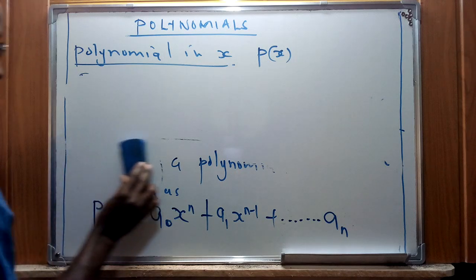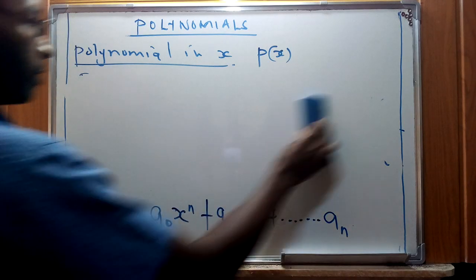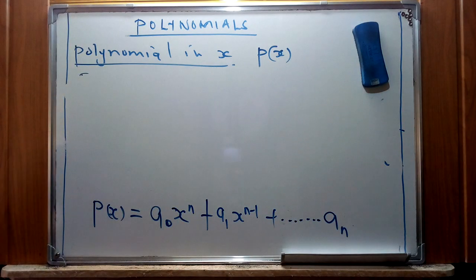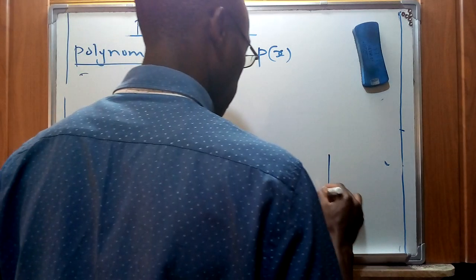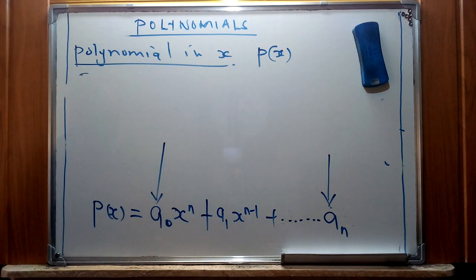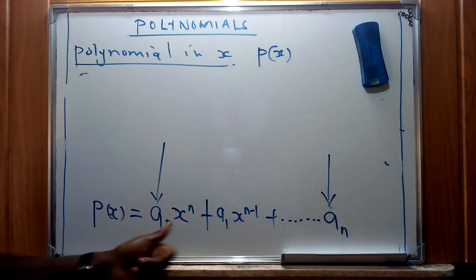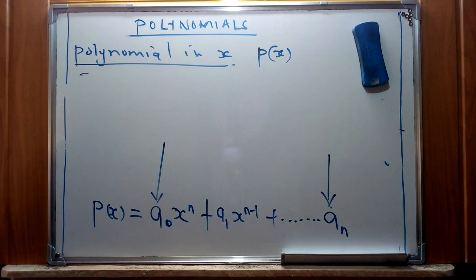Now whenever we are representing a polynomial using the general equation that I've given on the lower part of the board, we're going to see that there are different terms that we can use to describe the coefficients at the first and the last positions respectively.